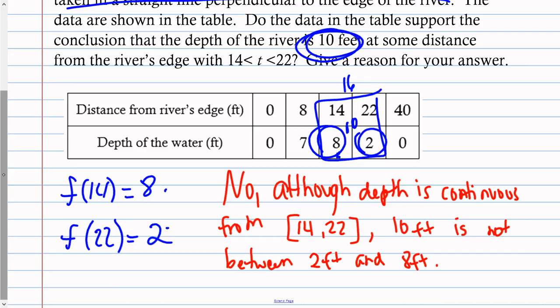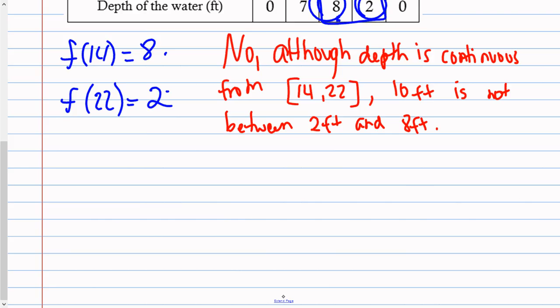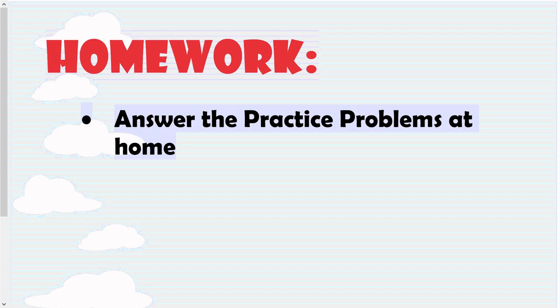Another way that I would have written that, to give myself more space, would have been to say that 10 is not an element of 2 to 8. Okay? So try very much to answer your homework problems. See you in class.